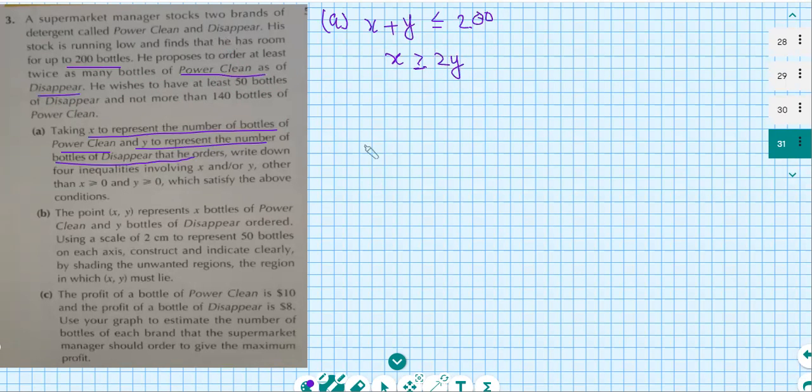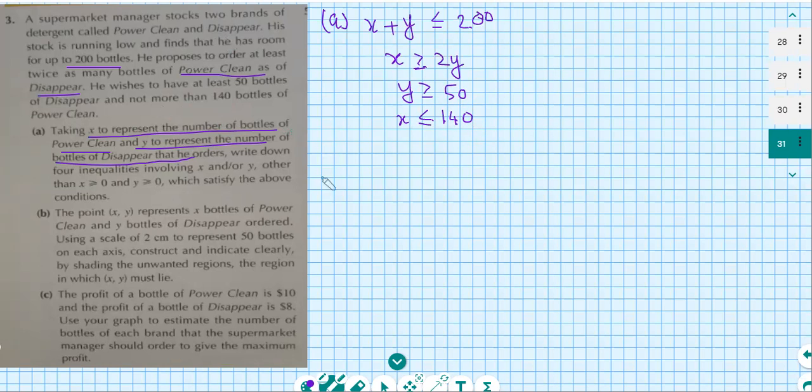Disappear is Y, so it means Y is greater than or equal to 50. Next one, and not more than 140 bottles of Power Clean. Power Clean is X, not more than, so less than or equal to 140.